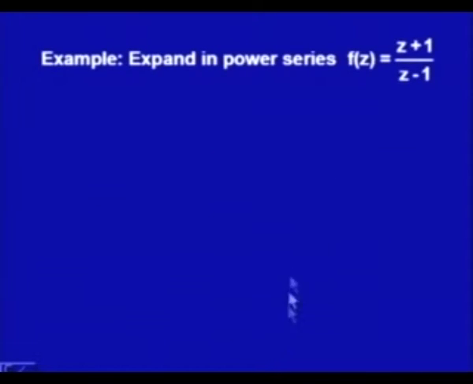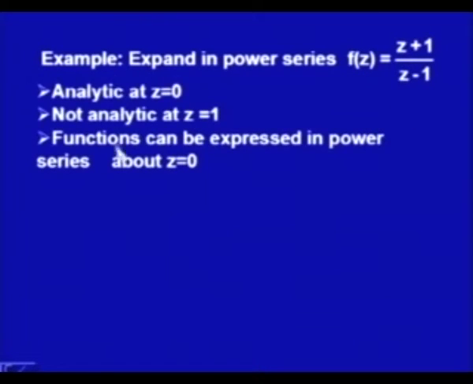In the next example, we consider function f z as z plus 1 divided by z minus 1. One may notice that this is analytic at z is equal to 0, it is not analytic at z is equal to 1, and the function can be expressed in power series about z is equal to 0, because the function is analytic at z is equal to 0. This will be the Taylor series representation of this function.